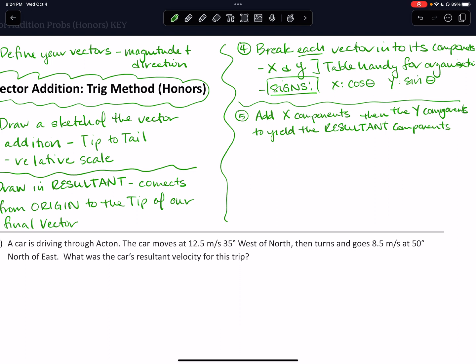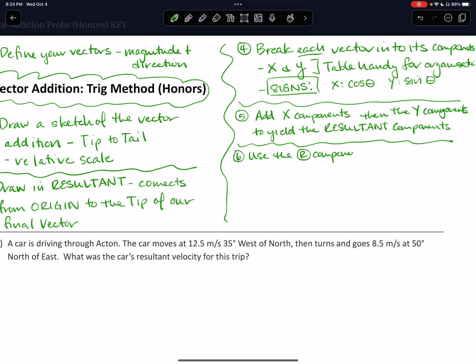And again, this is where our signs are really, really important, because if we need to have a negative somewhere and we don't, then our components for our resultant aren't going to work out right, and it's going to be a mess.